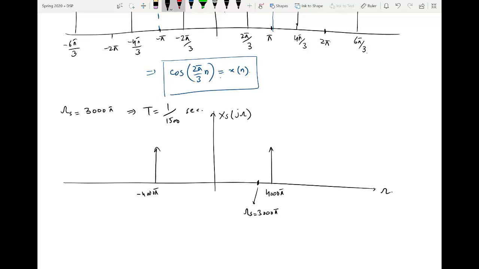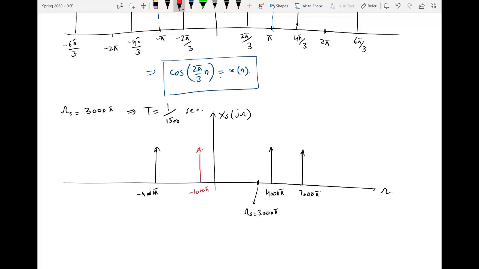So now the right sided copy around this 3000 pi will go to 7000 pi over here, and the left sided copy will go to minus 1000 pi here.